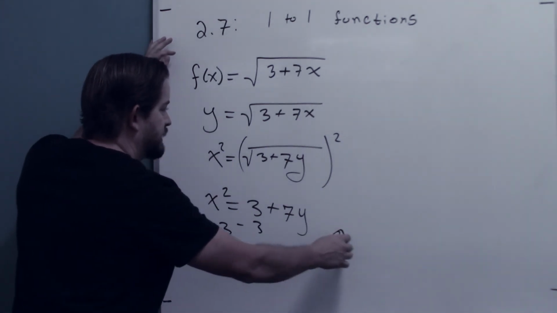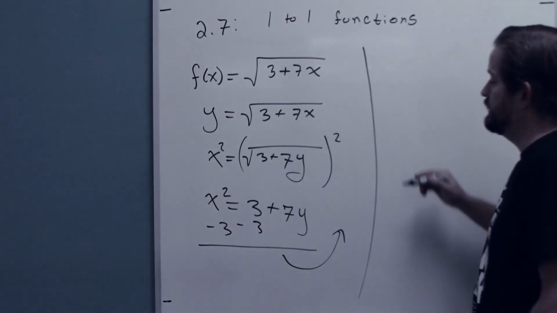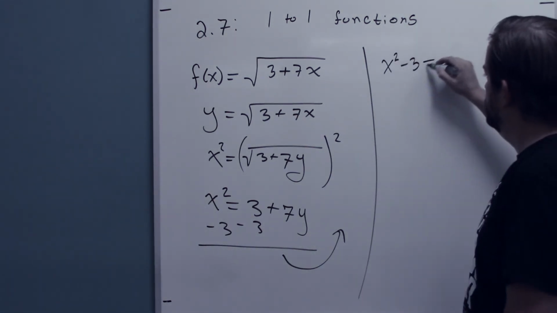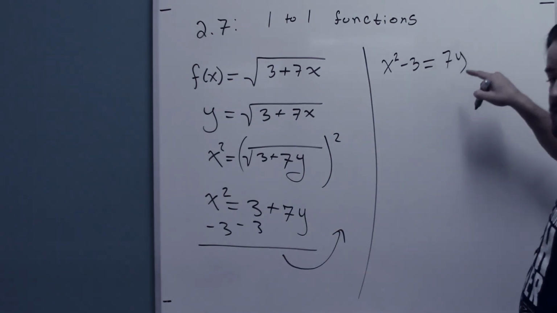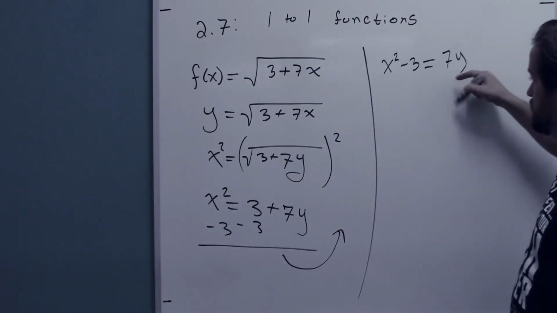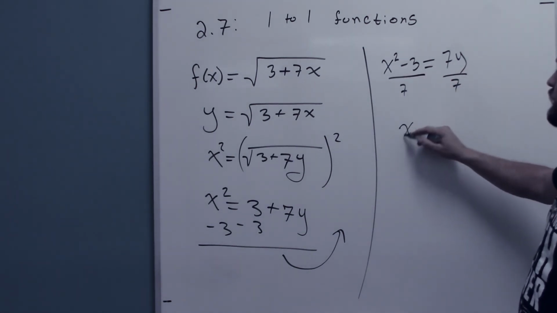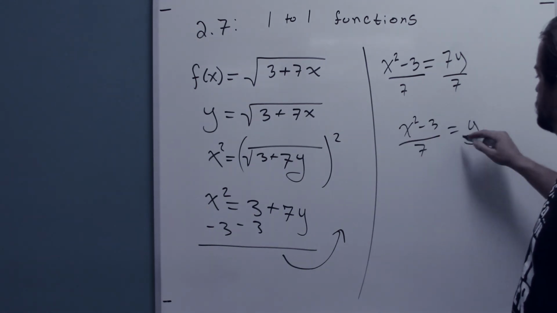That leaves me with x squared minus 3 on the left, and 7y on the right. And then I get the y completely isolated simply by dividing both sides by 7. And I'm done. x squared minus 3 over 7 is my y.